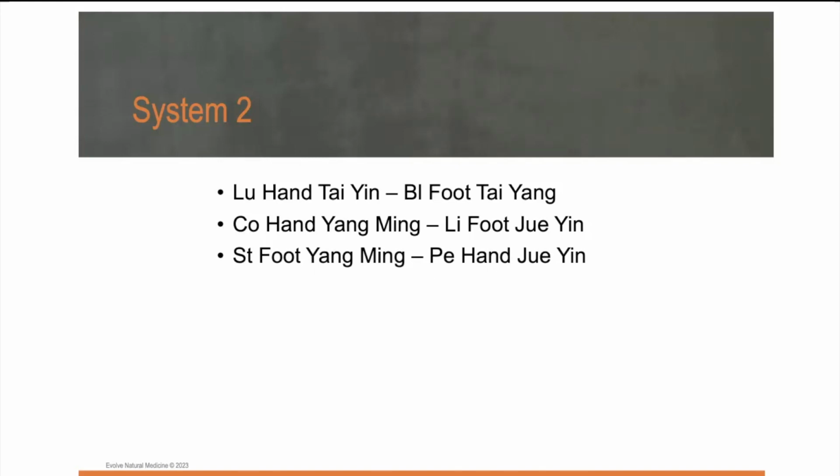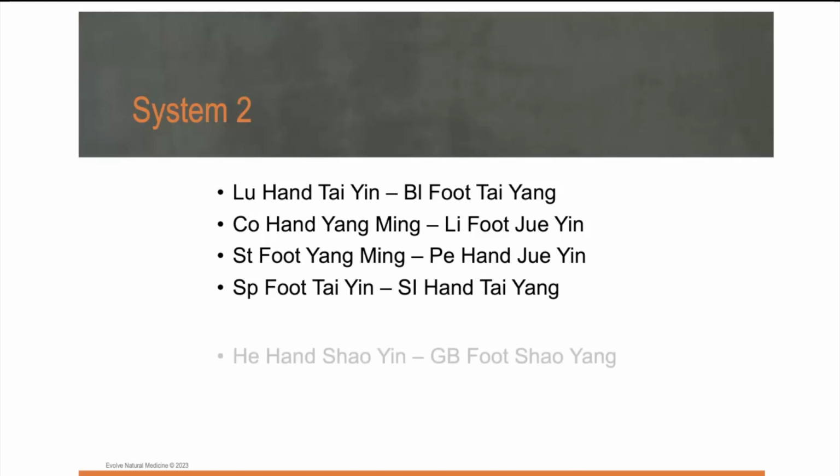These are the only two that are a little bit different. So stomach, foot, Yang Ming balances pericardium, hand, Dui Yin. Spleen, foot, Tai Yin is balanced by small intestine, hand, Tai Yang. So foot to hand, Tai to Tai, Yin to Yang.